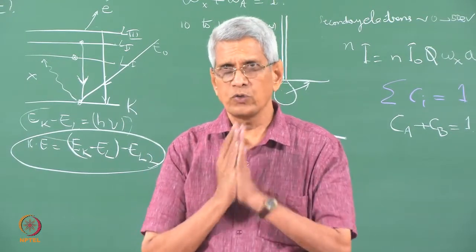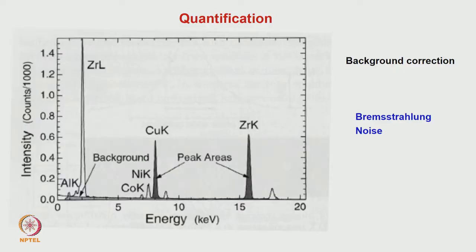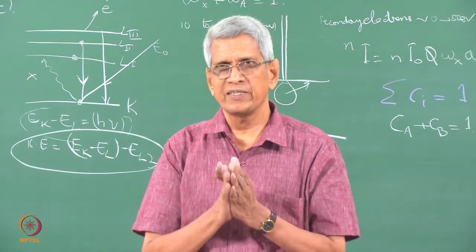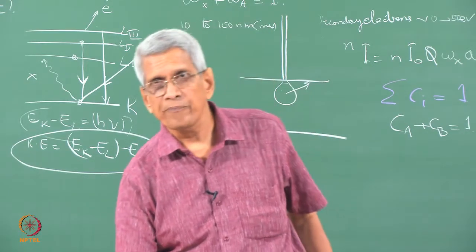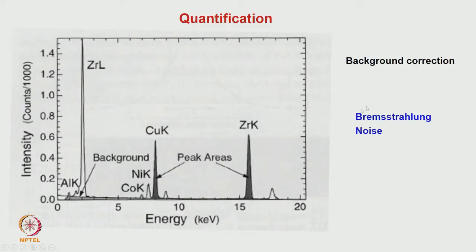So, when we want to do quantification, the first and foremost thing is that even in an ideal condition, the background could come from Bremsstrahlung and the noise. So, the signal to noise ratio we have to correct for. Okay. So, the Bremsstrahlung has to be eliminated from the spectrum which we have obtained, and then from the peak to noise ratio also we have to get that information.